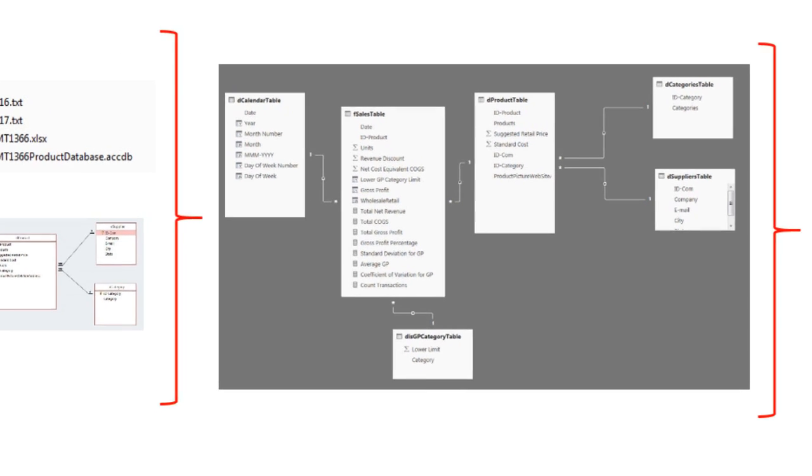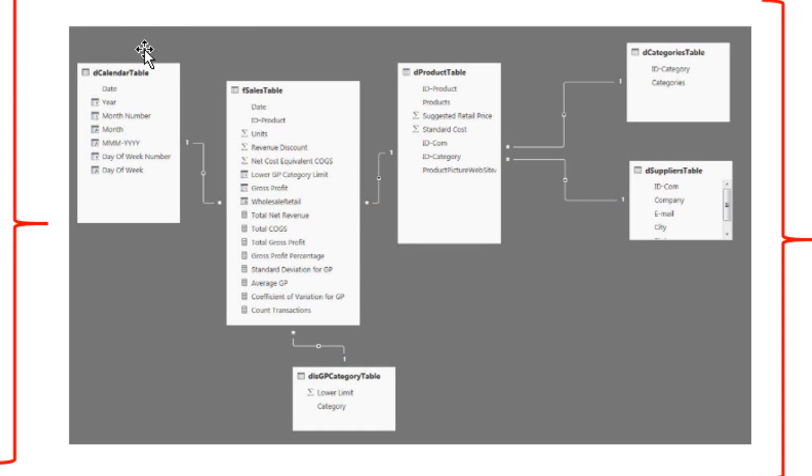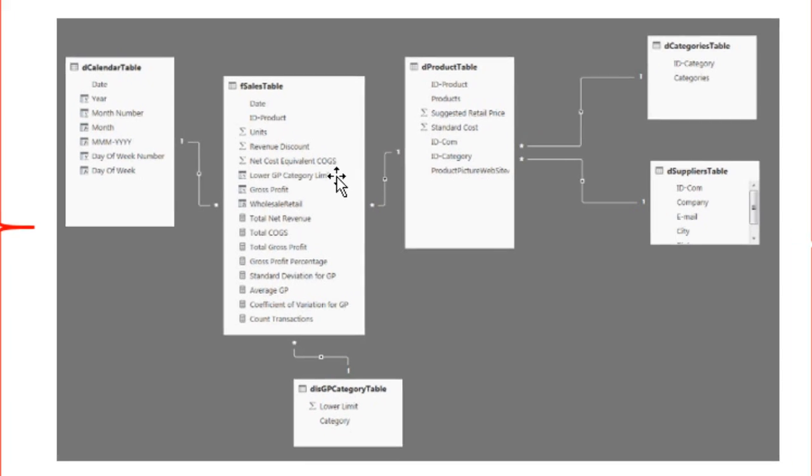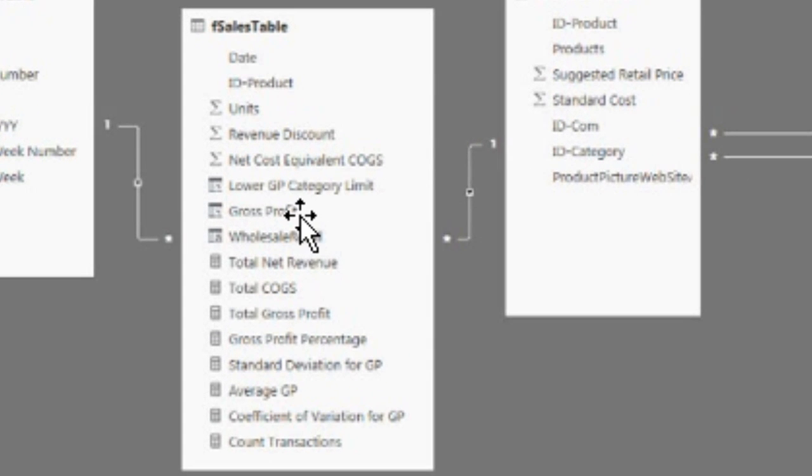We will import them all into Power BI Desktop, get all the tables together, create our relationships between tables so we can pull criteria from our lookup tables or dimension tables and filter the fact table. And we will create DAX calculated columns and DAX measures.